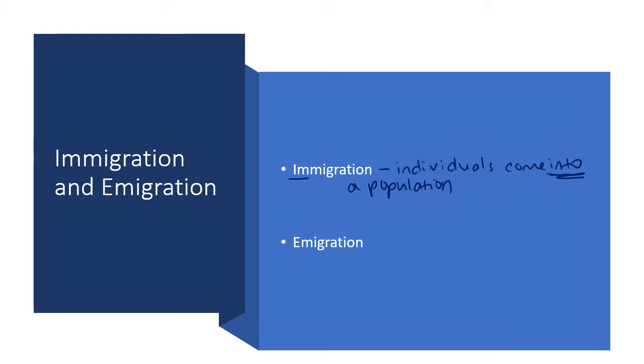So into starts with an I, immigration starts with an I. So that's how you can remember it. Emigration starts with an E. So this is where individuals exit the population. So if individuals are exiting the population, the population will decrease. When individuals are entering the population will increase.